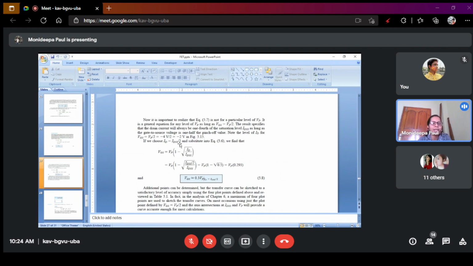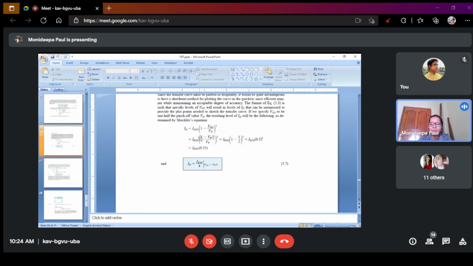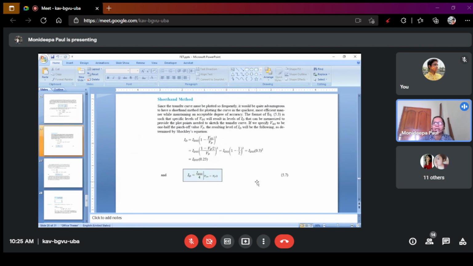So this is called the shorthand method. In this method, we can quickly get the transfer curve of the FET.